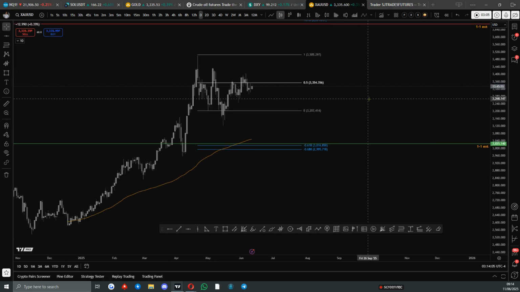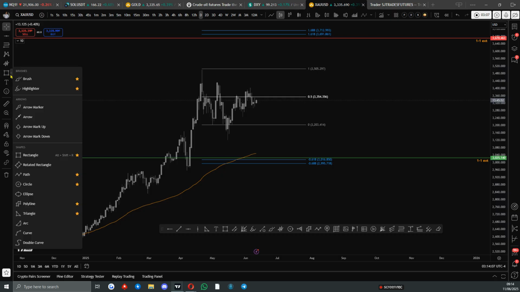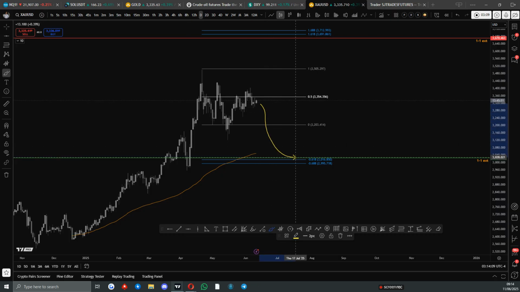So that doesn't necessarily mean we're just going to landslide all the way down here. But it does mean that we have many confluences at this level. In the scenario that we get some rejection, some big hot news, economic event, etc., you can see how we can very quickly find ourselves sitting down at $3,000.